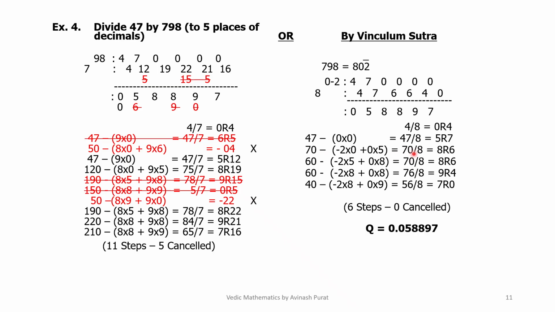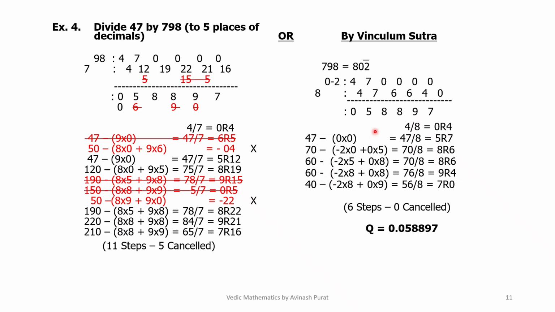So 70 divided by 8 is 8 quotient and 6 as remainder. Now 60 minus 2 into 5 plus 0 into 8. So 10 is added to 60, 70 divided by 8 equal to 8 or 6. 8 quotient and 6 is remainder.